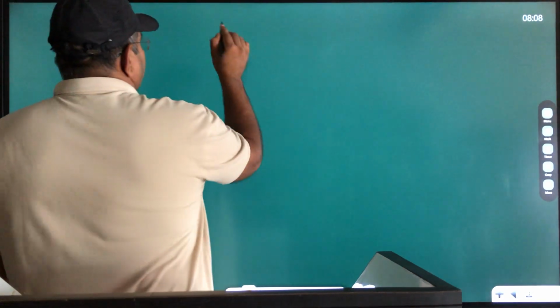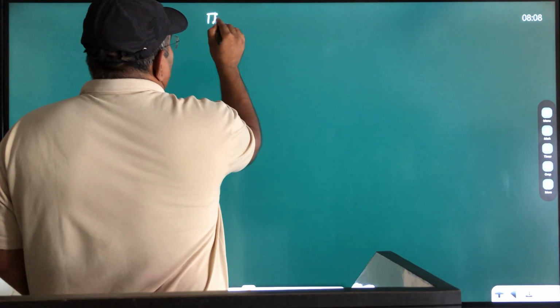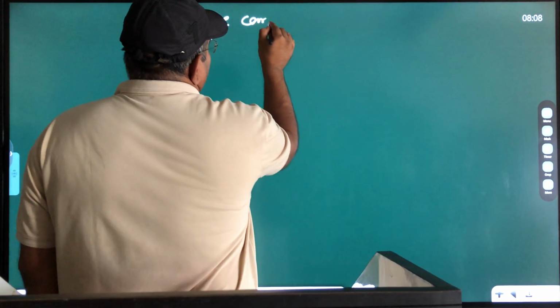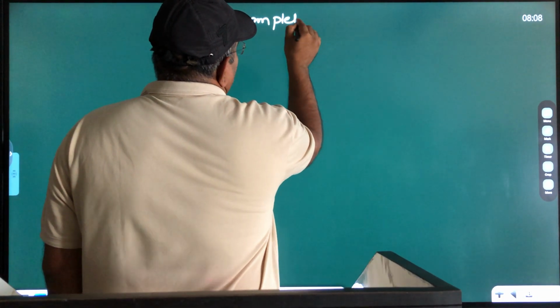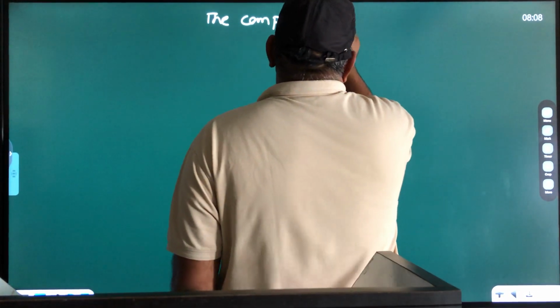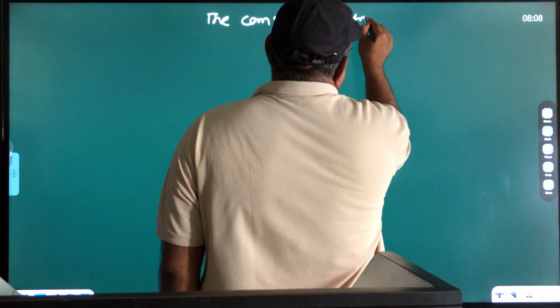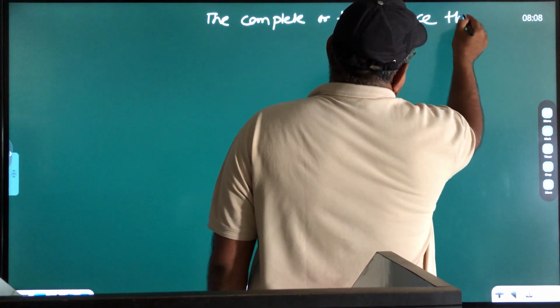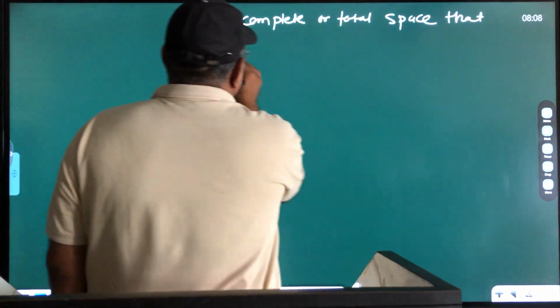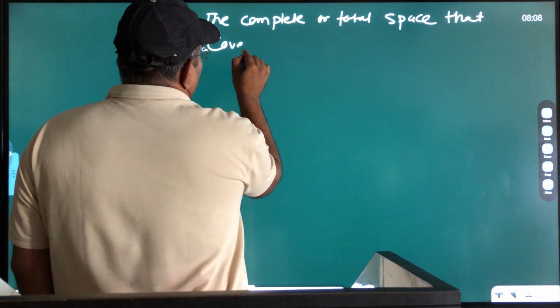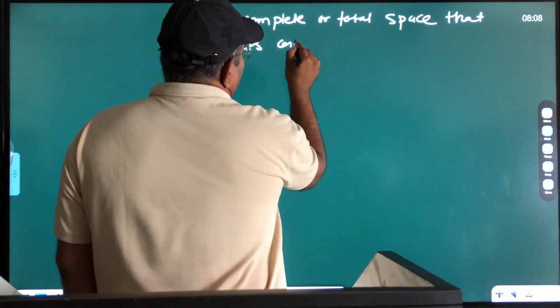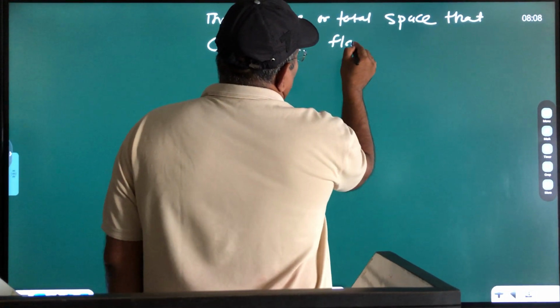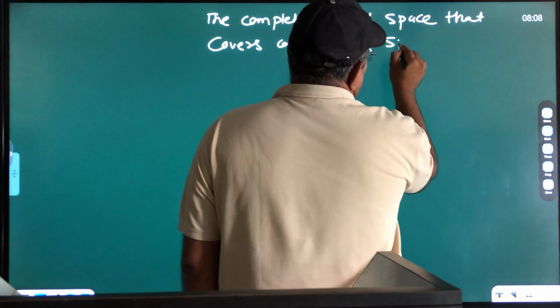Is that clear? Okay. Guys, the complete, or you can say total, space that covers a flat surface.